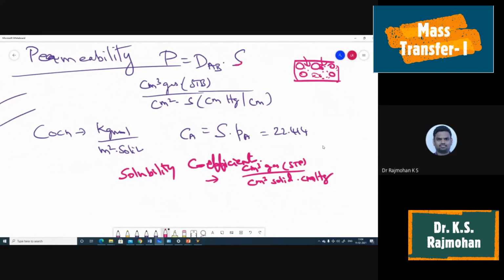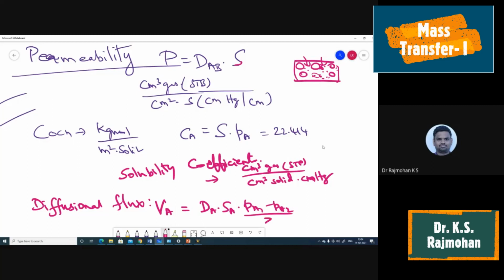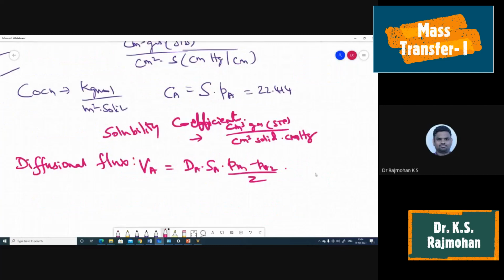Actually, how we write is, diffusional flux is given by, so this VA has the unit of centimeter cube of gas at STP by centimeter square per second. Instead of kg moles, this expression is given in terms of volume.